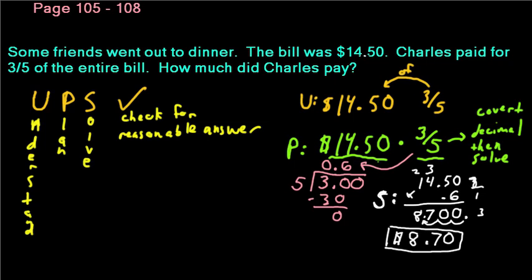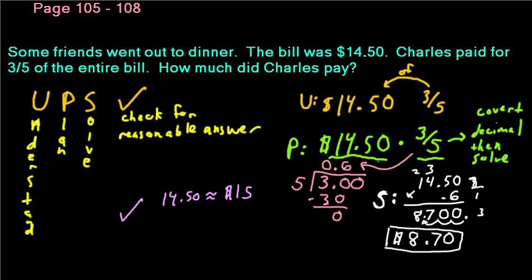So if I have $14.50 and I divide that into 5 equal parts, I'm going to check it right over here. Here's my check. $14.50 is really close to $15, so I'm just going to round it to 15. And I know that 3/5 means that if I divide this $15 into 5 equal pieces, and then I have 3 of those pieces, that will give me 3/5.